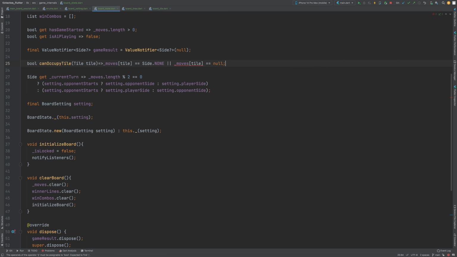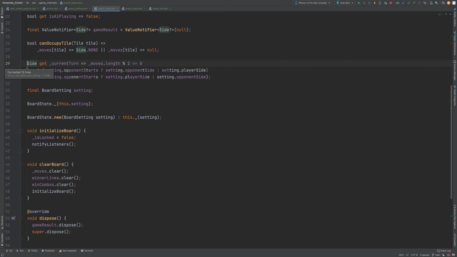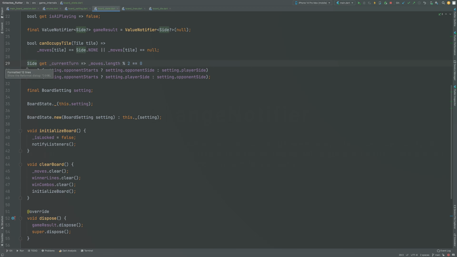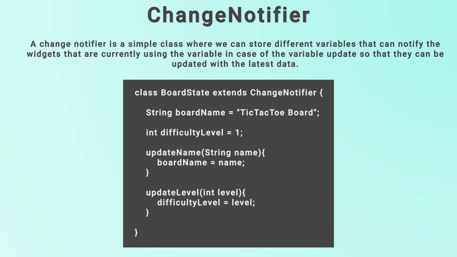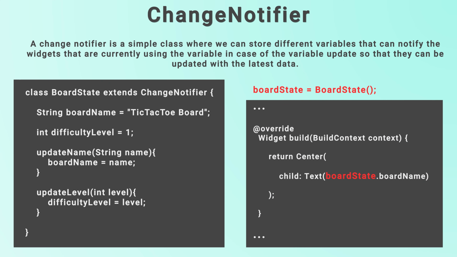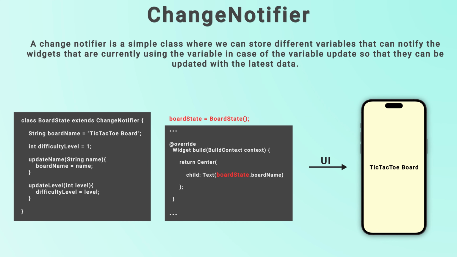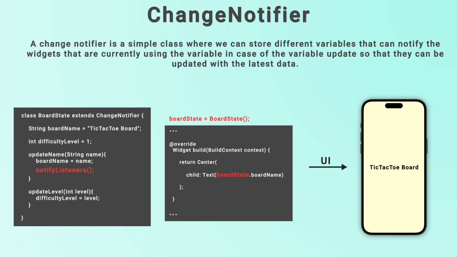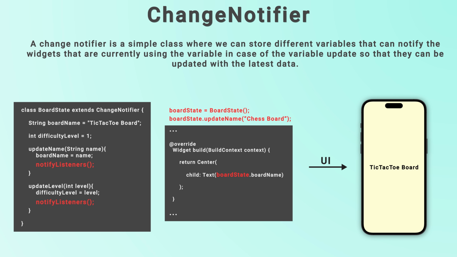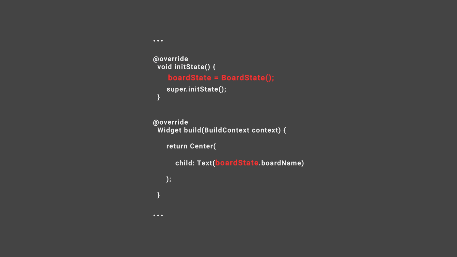Before proceeding further, let's discuss briefly the change notifiers. A change notifier is a simple class where we can store different variables that can notify the widgets that are currently using the variable in case of the variable update so that they can be updated with the latest data. They can be created in the init state function and passed on to the widgets.